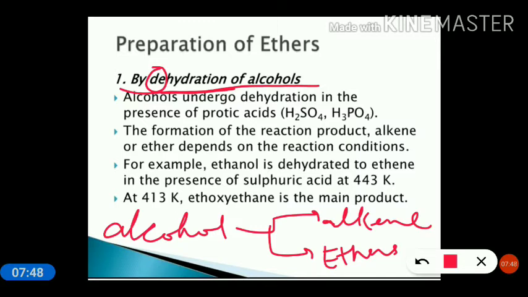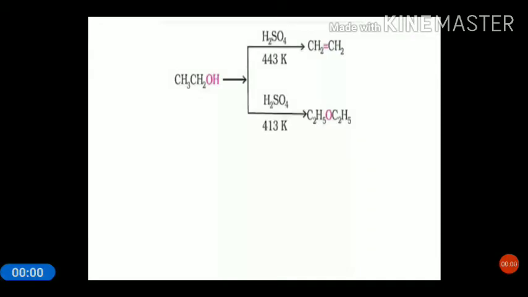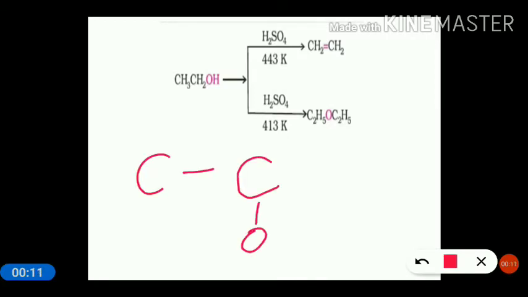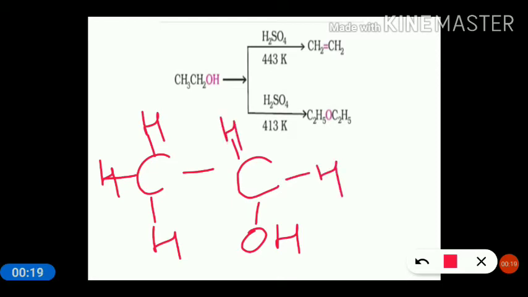But it depends on the reaction condition. It totally depends on the reaction condition. If the temperature is 413 Kelvin, then the main product will be the ethers. Let's see. When alcohols undergo dehydration, so C single bond C, OH, H, and other valencies are bonded with hydrogen, right?